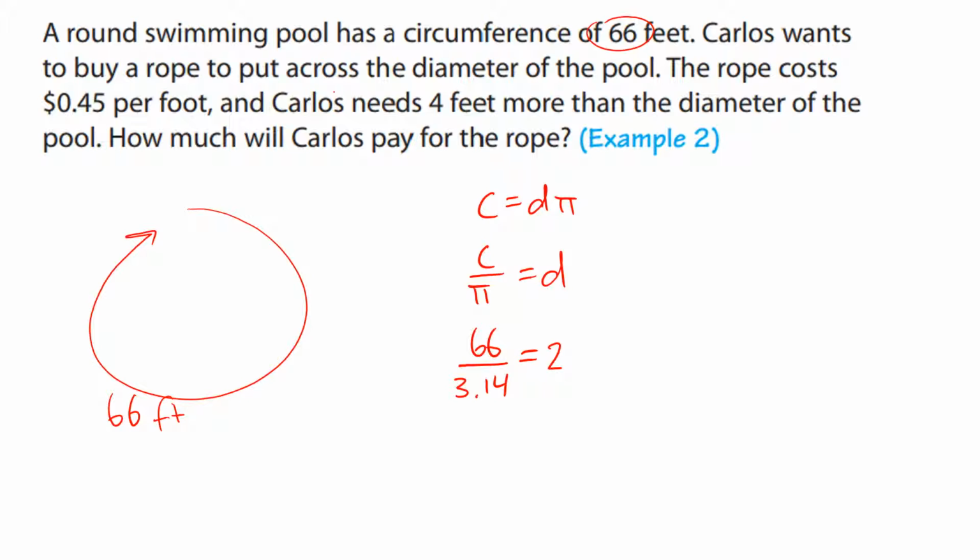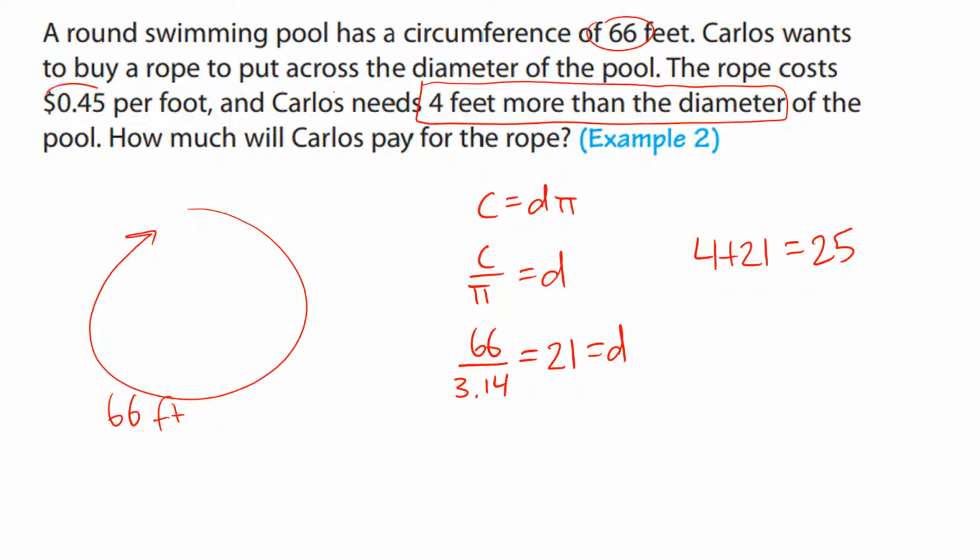So that is 21, which is our diameter. Now, if 21 is the diameter, we need 4 feet more than the diameter. So we take 4 plus 21. We need 25 feet. That's how much rope we need.